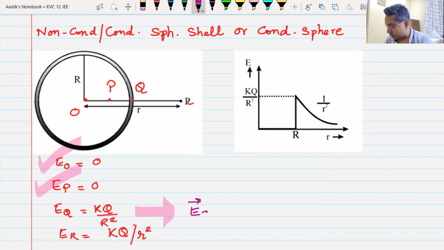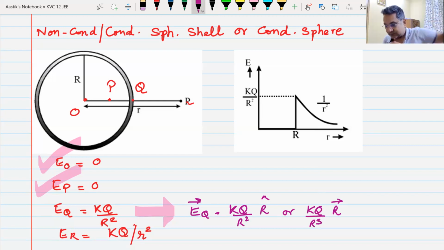Electric field at the point Q can be written as KQ by R square multiplied by R unit vector. A unit vector may not look good, so you can write it as KQ by R cube multiplied by R vector. Do we understand this?